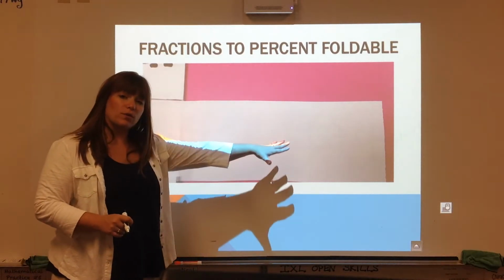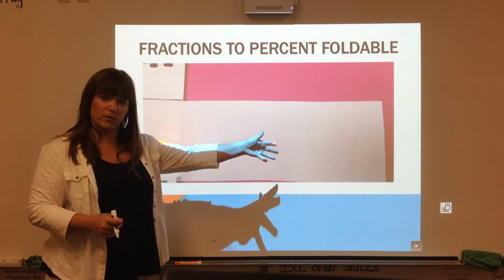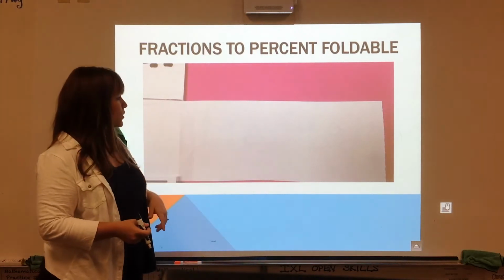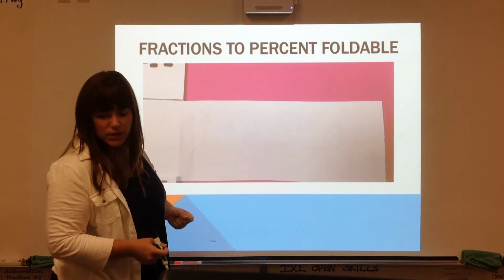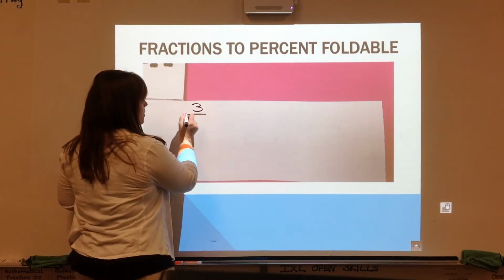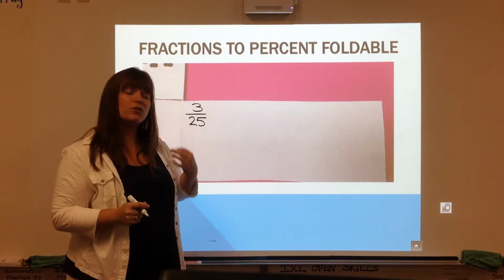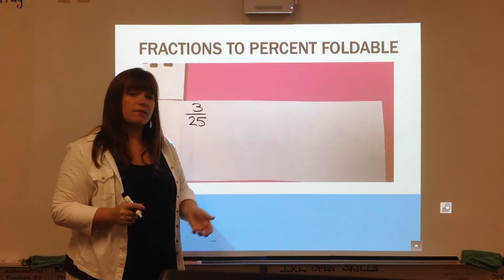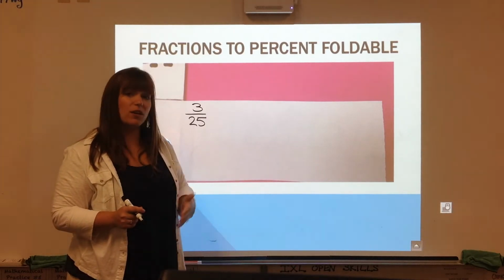So now I've moved over to that far right hand, the back of the door, really, the small door. And we're going to do a couple of examples on there, just like yesterday. The first example is 3/25. The first thing we have to do is try to get this to a decimal by making the denominator a 10, 100, or 1,000.